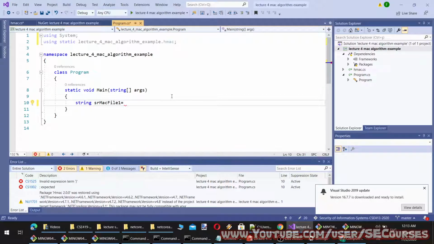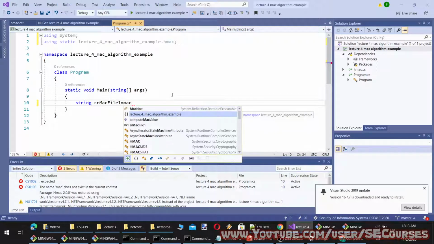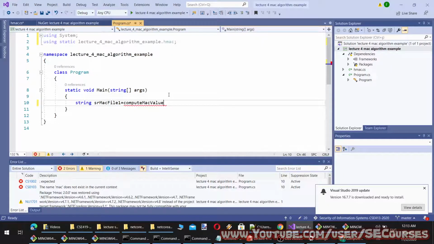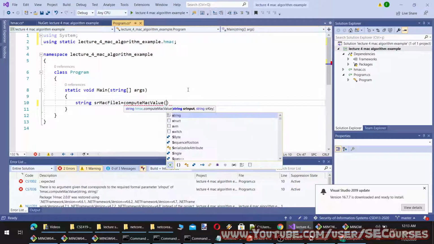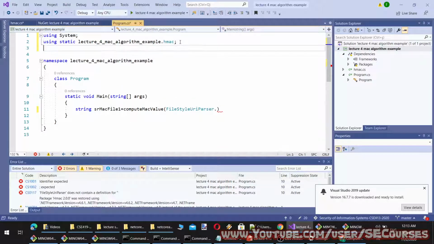One will be equal to ComputeMacValueFromFile. To have file operations, I need to add the namespace.